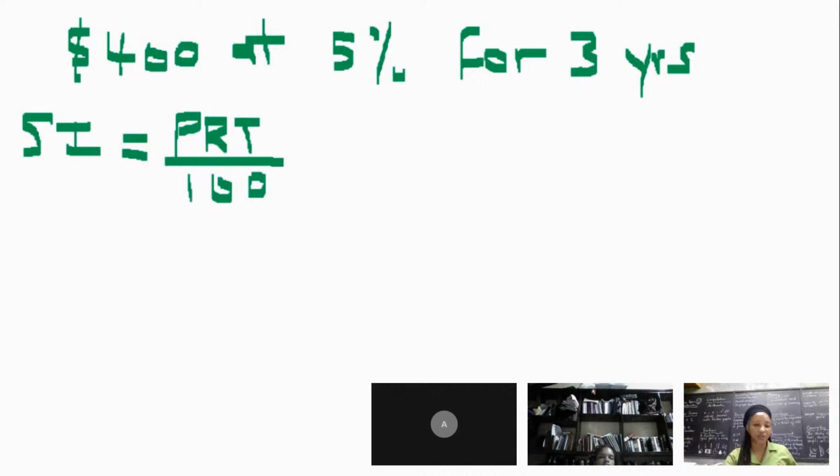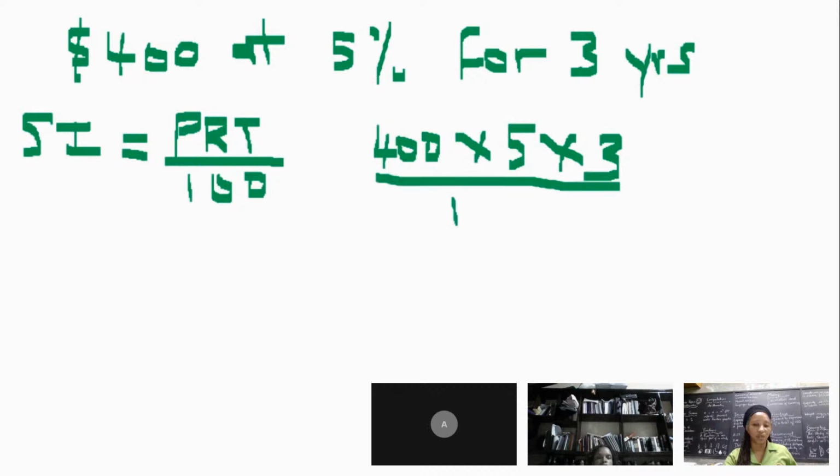All right, so that would be 400 times 5 times 3 over 100. The zeros cancel out, and 4 times 5 is 20. 20 times 3 is 60. So $60, that's the simple interest.